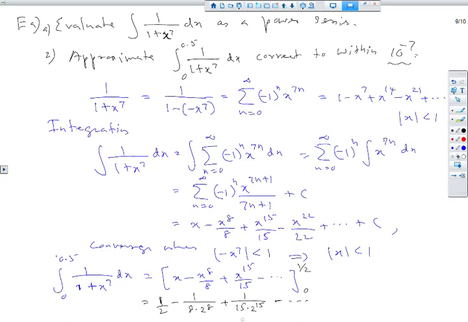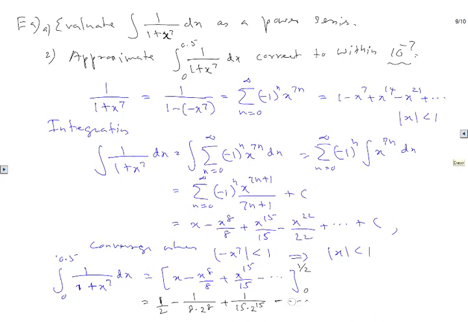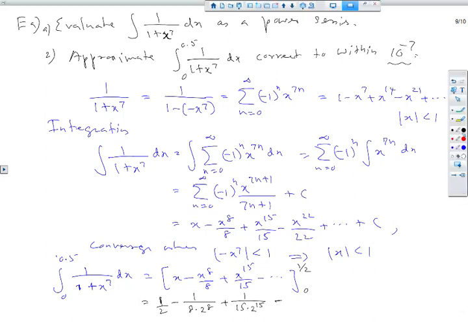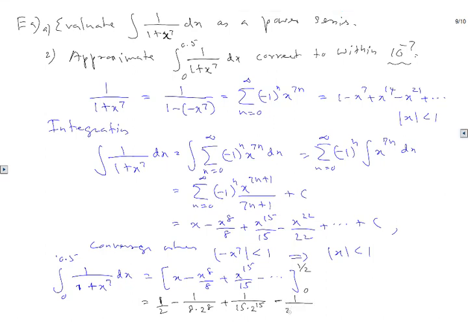It is 22. So let's try a few more terms. We have 1 over the next term, which is 2 to the 22, and like that.